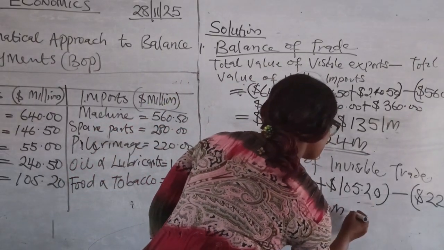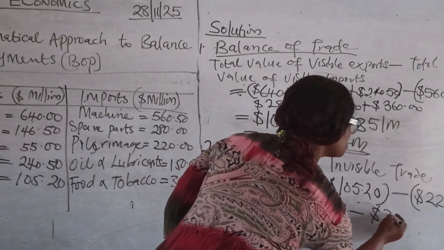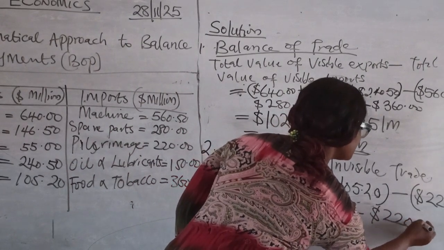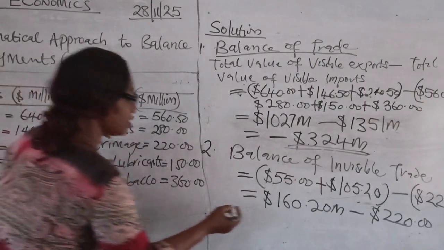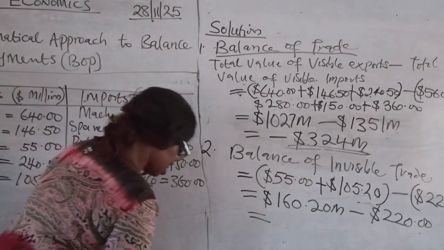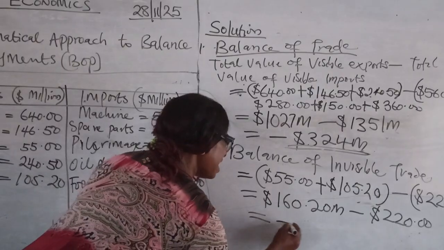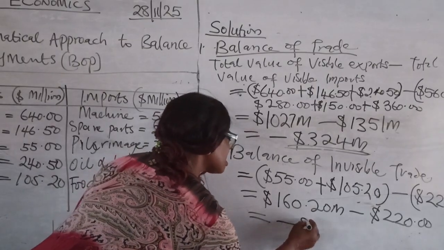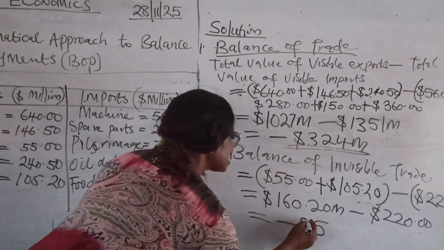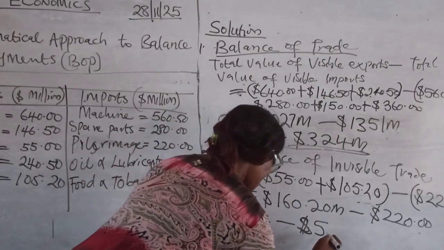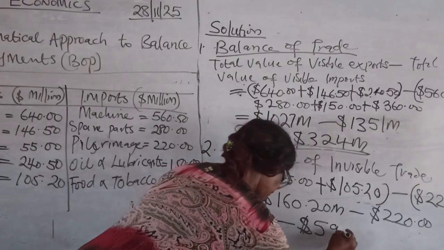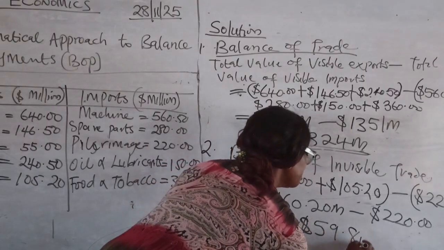Minus 220.00. So when we find the difference between two of them, our final result will be still minus $59.8 million.